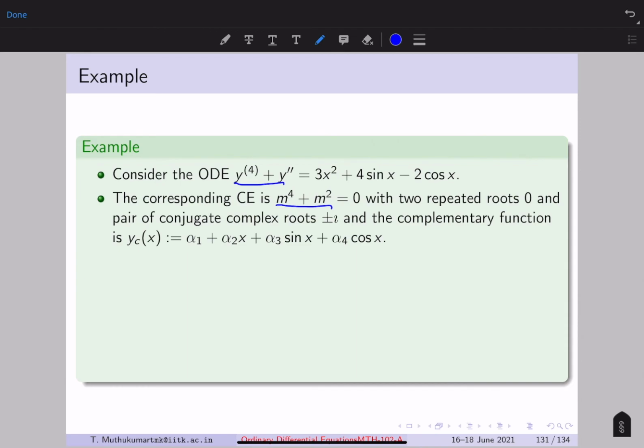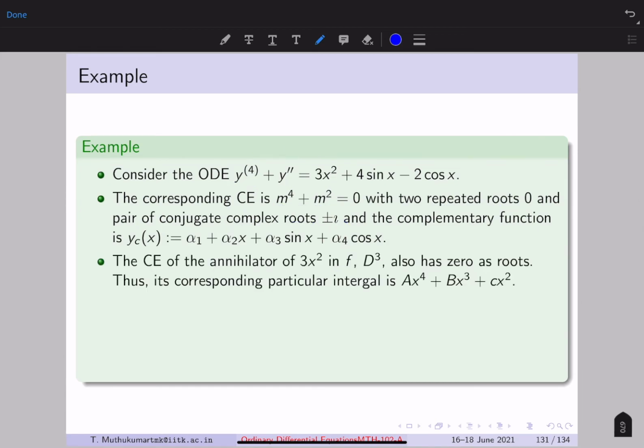So you have 4 roots, that is 2 repeated 0 roots, and a pair of conjugate complex roots, right? So the general solution is: the 2 repeated 0 roots give you alpha 1 plus alpha 2 x, and then the complex roots give you a linear combination of sine and cosine. So this is the general solution corresponding to the homogeneous equation.